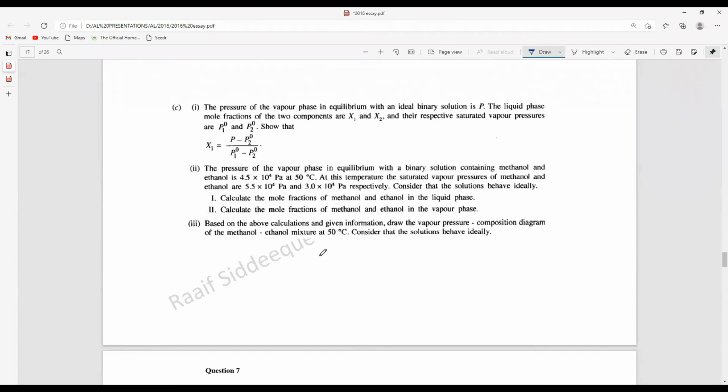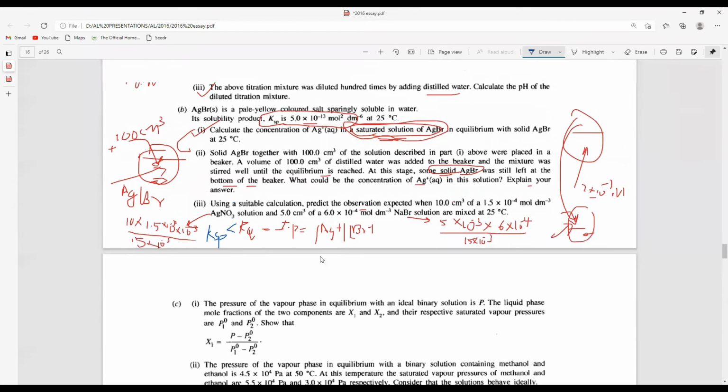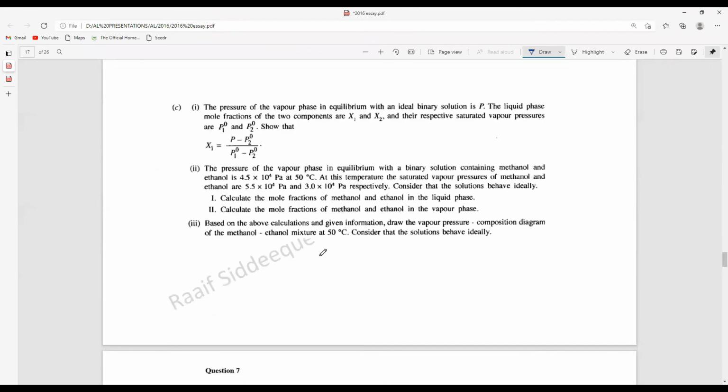So we are at the final phase of this question. So this is again phase equilibrium, heterogeneous phase. The pressure of the vapor phase in equilibrium with an ideal binary solution is P. So there is an ideal binary solution. Let's say A and B for an example. So this is in equilibrium with its vapor.